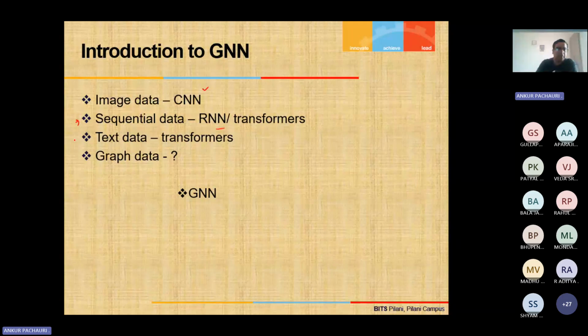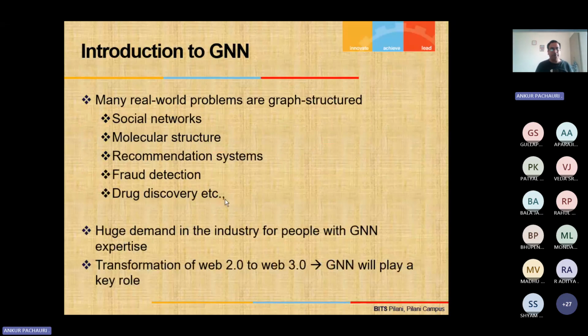If I have text data, I can use transformers. But what if I have graph data? Then I'll have to use a mix of CNNs, RNNs, transformers and encoders, and modify them for our own need. We put all of those together in one topic and call it GNN, Graph Neural Network.